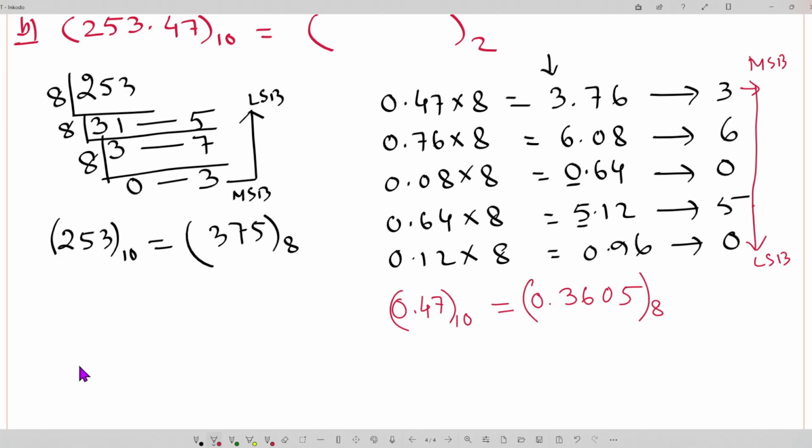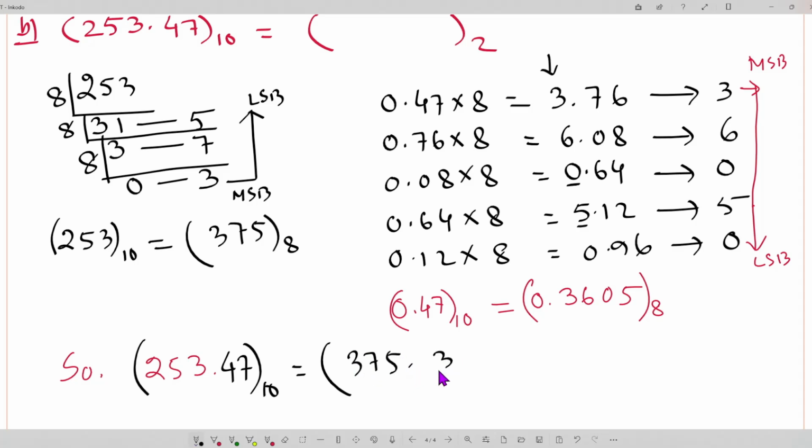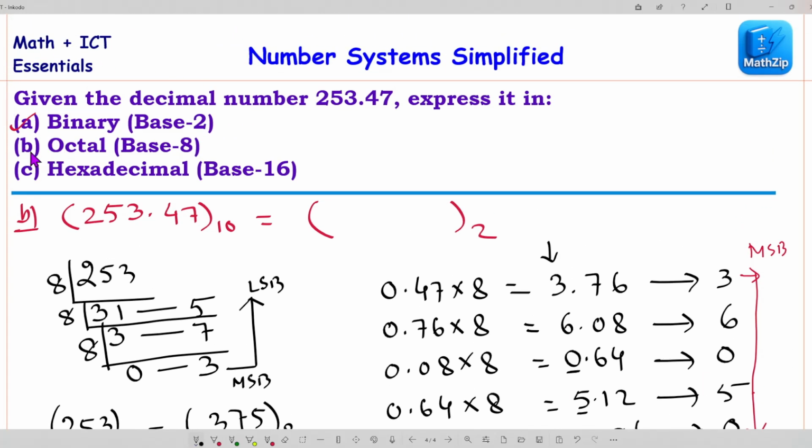So our final result, 253.47, it's a decimal number, and our result is 375.3605. It's an octal number, right? 375.3605. So you can stop here. So our second question, decimal to octal, is done.